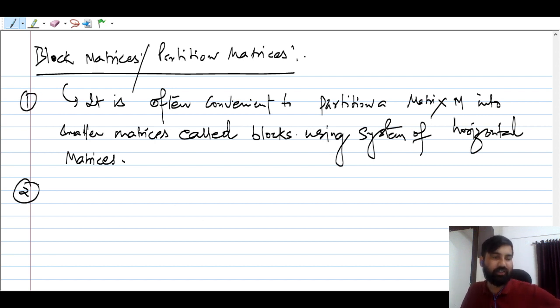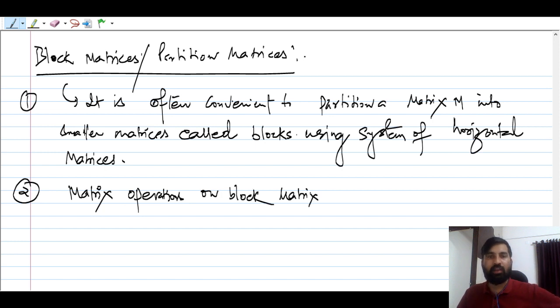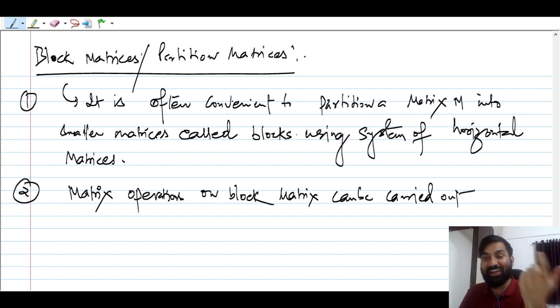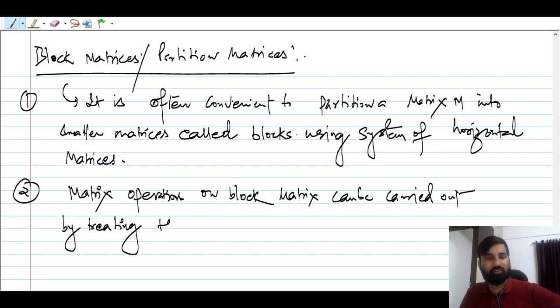This is the first point that you have to understand, and you have to remember this also: matrix operations on block matrices can be carried out by treating each of the blocks as matrix entries.